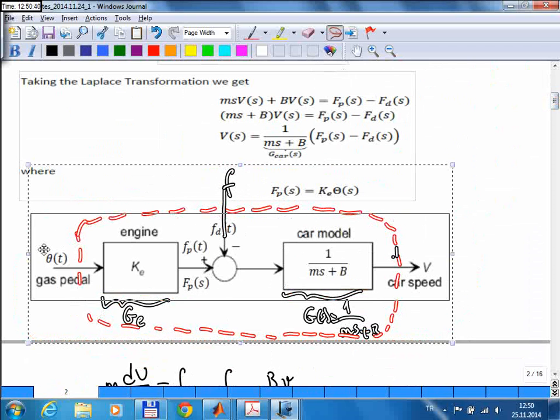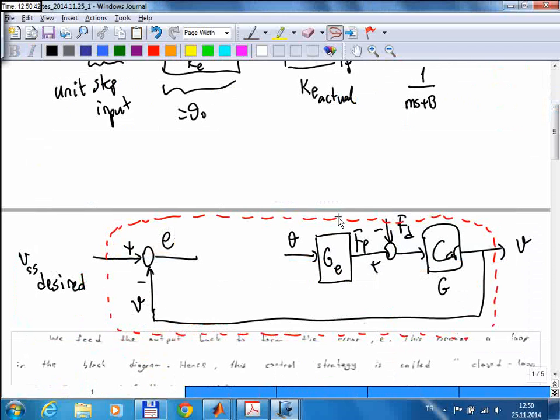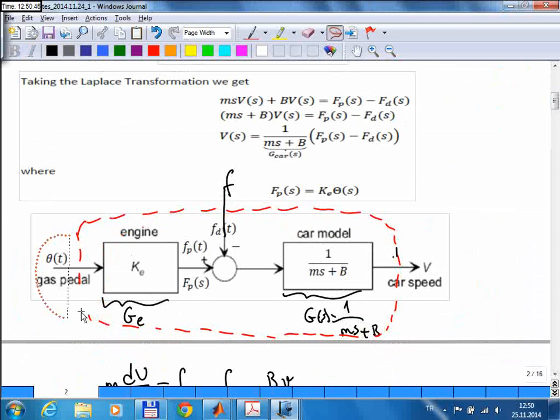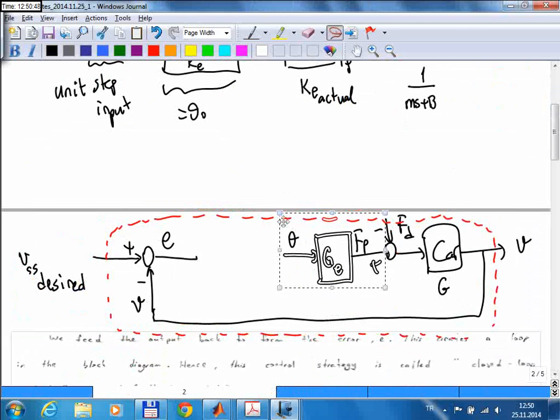So the input to this original system was the gas pedal input, but now the gas pedal input is here. So I'm making the block diagram larger, and this gas pedal input should be determined based on the speed error, and that should be accomplished by another system which we call the controller.